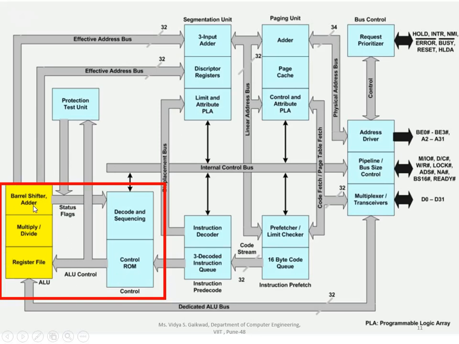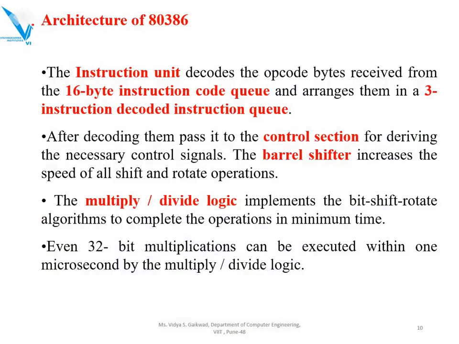So in this arithmetic and logic unit, we have a barrel shifter which will increase the speed of shift and rotate instructions. Then next we have a multiply and divide, so that the complex operations of multiplication and division should be performed faster and with less time. So let's see the description of this.